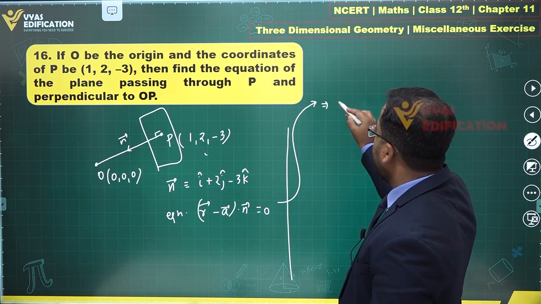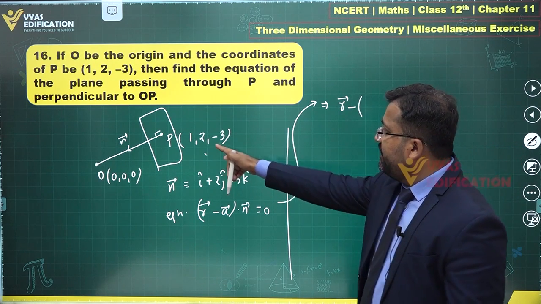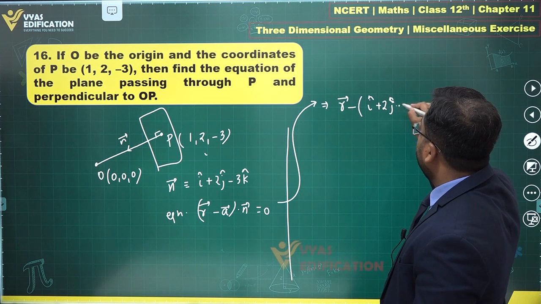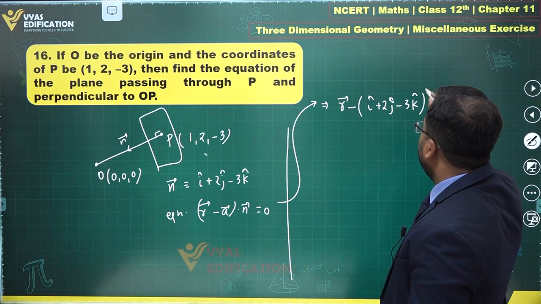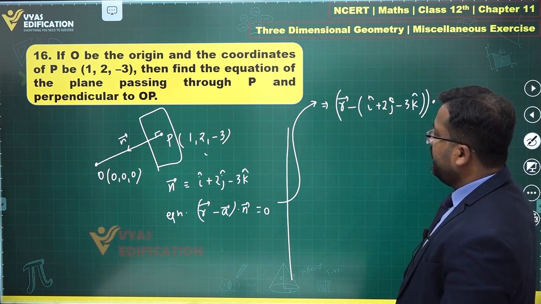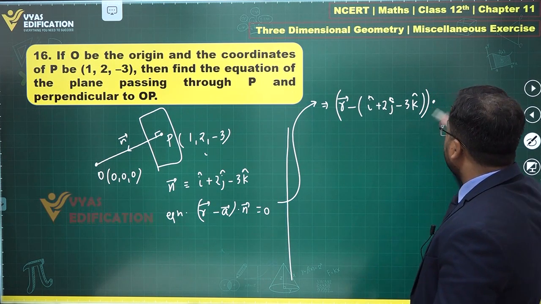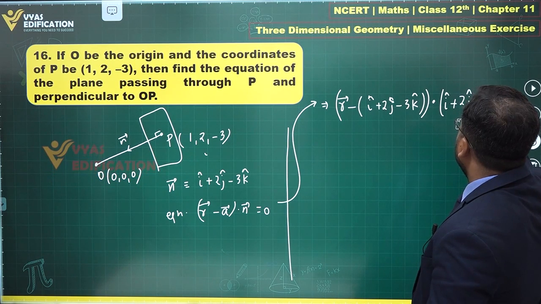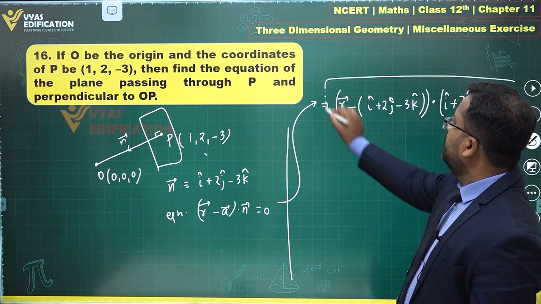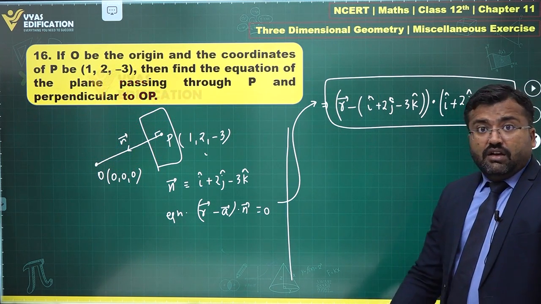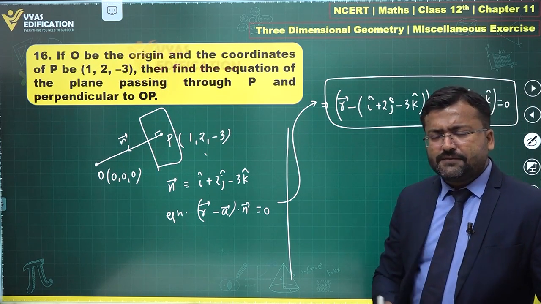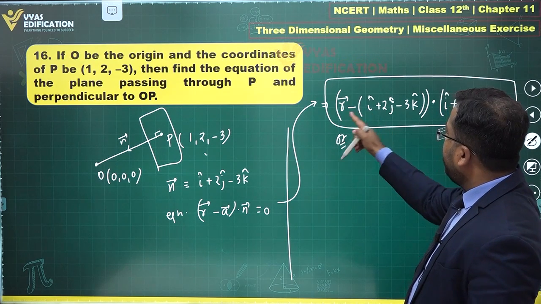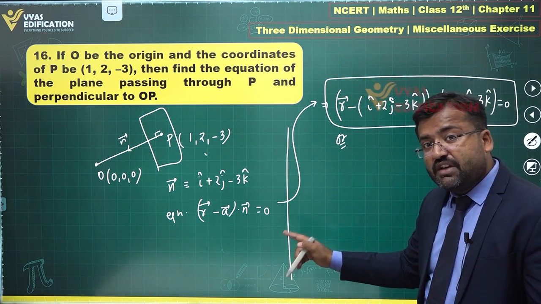This tells me r vector minus a vector, which is i cap plus 2 j cap minus 3 k cap, and its dot product with this vector n vector, which is i cap plus 2 j cap minus 3 k cap, is equal to 0. This is what you have, right? And what else? You can simply convert this equation into the Cartesian form as well by replacing r vector with x i cap plus y j cap plus z k cap.